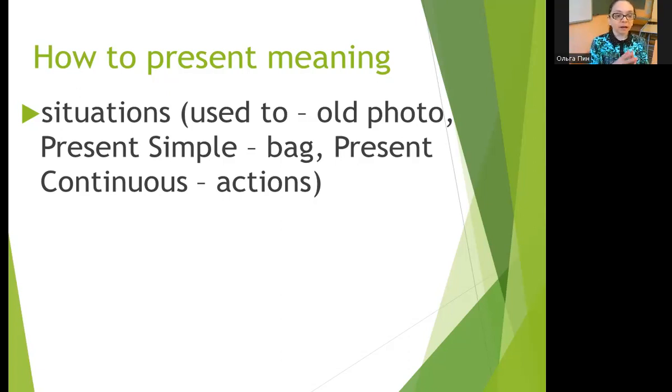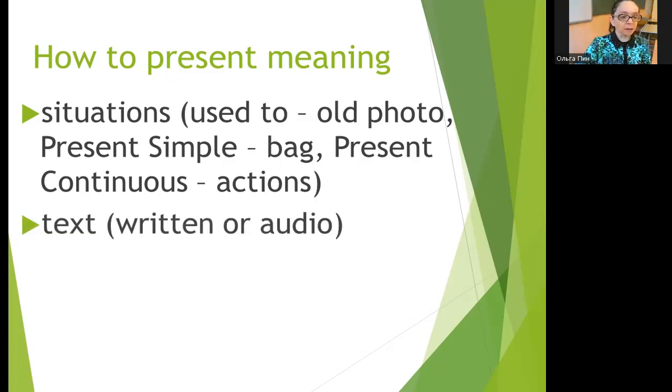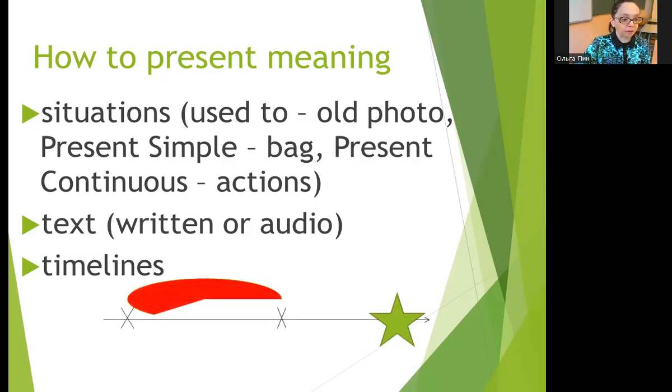And to present present continuous, for instance, obviously the easiest way is to mime actions, to say, I am sleeping. Another idea is a text, written or audio, which presents the context. Then you can use timelines.